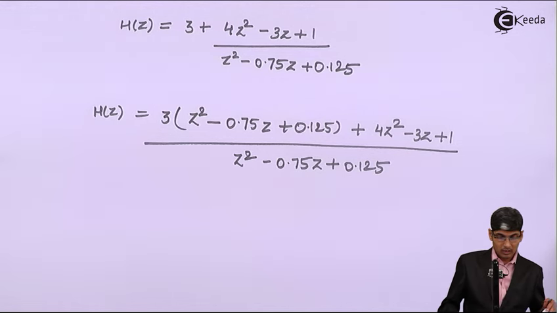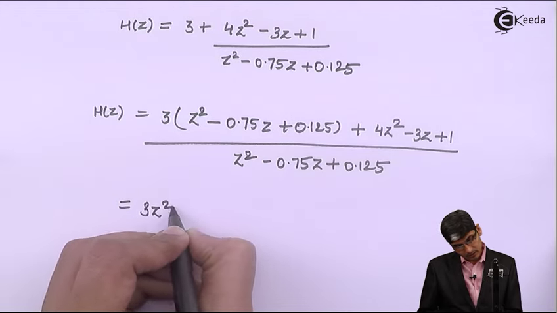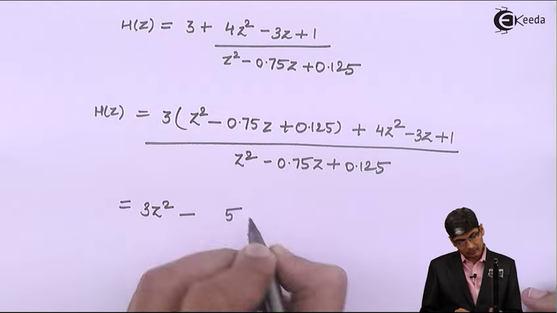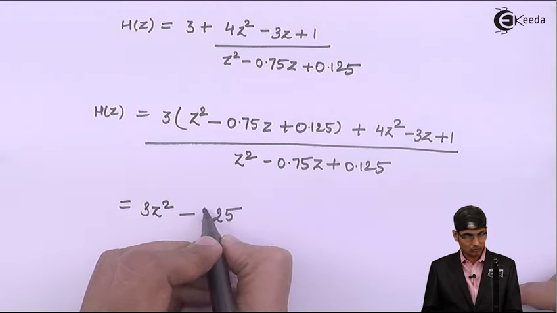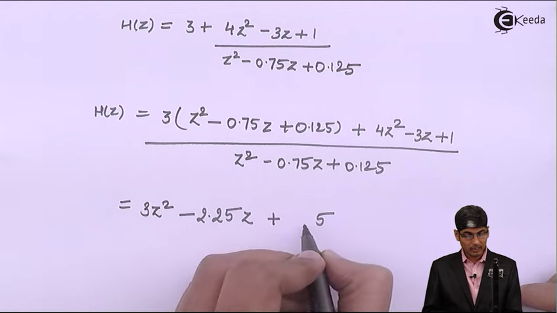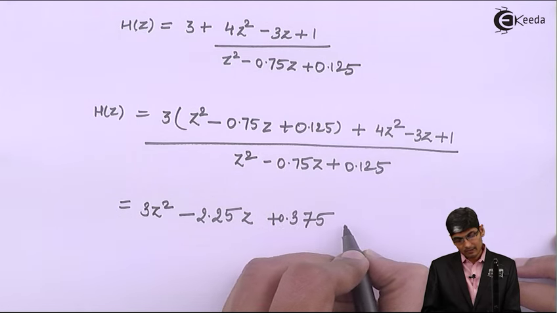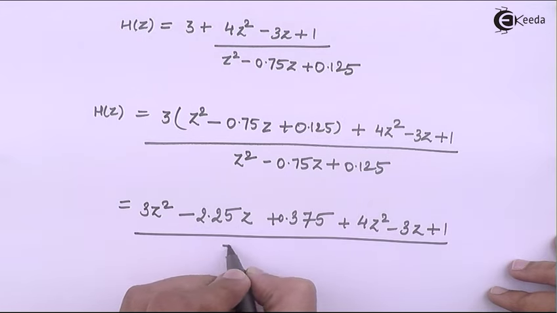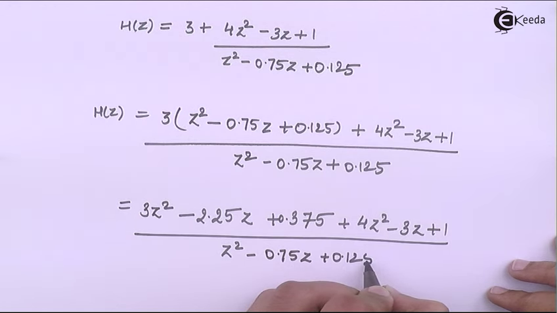Now if I multiply inside, that becomes 3z square minus 2.25z plus 0.375, plus 4z square minus 3z plus 1, divided by z square minus 0.75z plus 0.125.